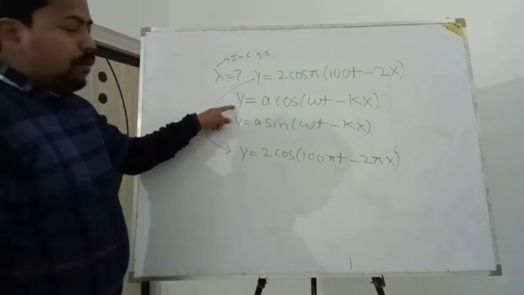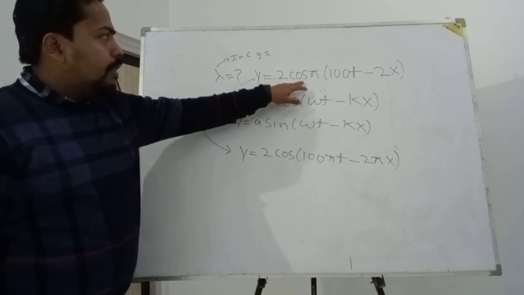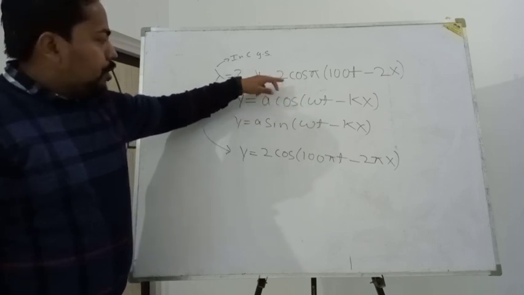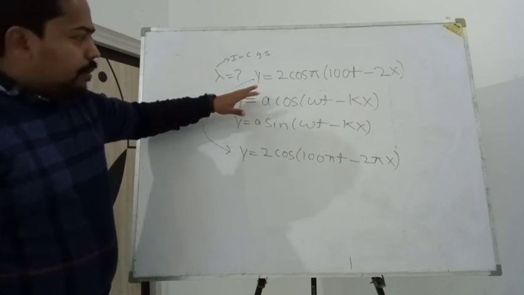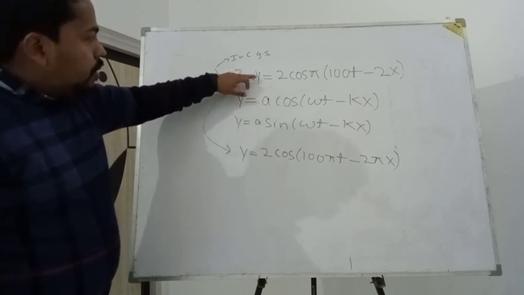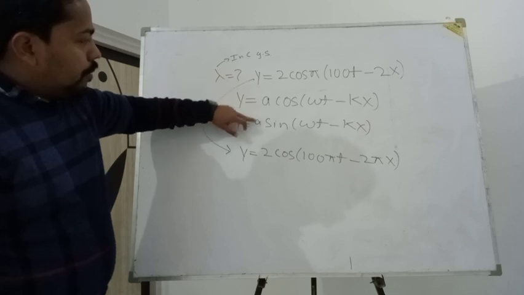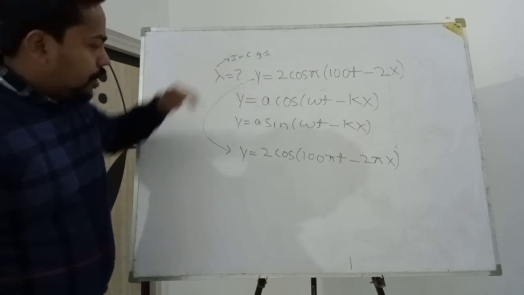If it had been written in sine, we would compare it with the sine equation, but since there is not much difference between the two, I am just comparing the formats that we know with the given equation.